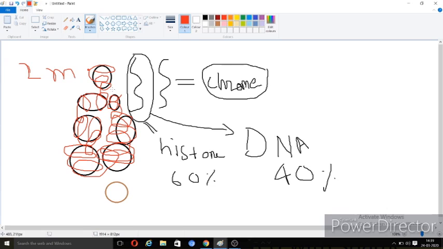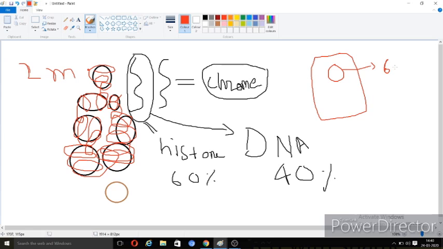Now this 2 meters will be very long to fit in a cell, to fit in a nucleus. Actually, all of these chromosomes are present in the nucleus. This nucleus is very small, just about 6 micrometer.